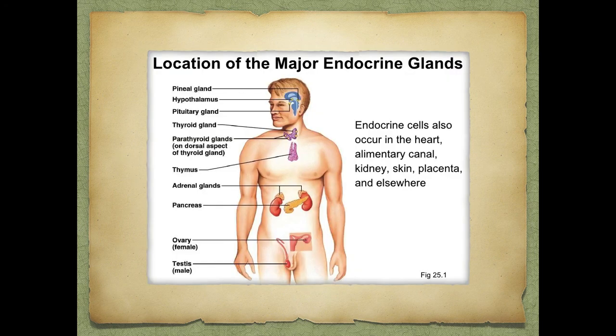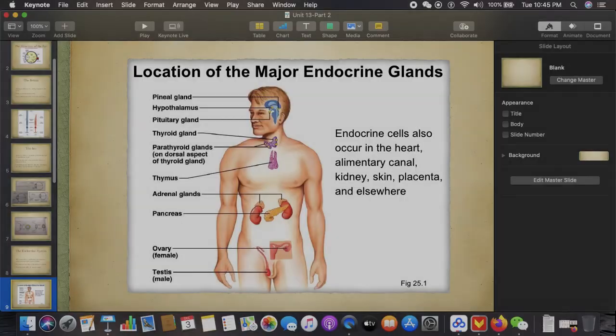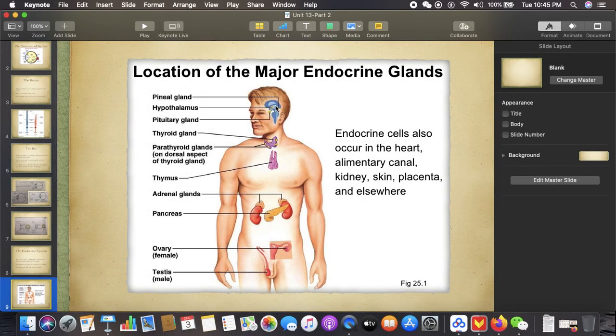Now, here are the locations of the major endocrine glands. There are only four main glands that you need to know. The first one is the pituitary gland, which is up in your brain, around here. The second one is your thyroid gland, which is around your neck, this purple one here.